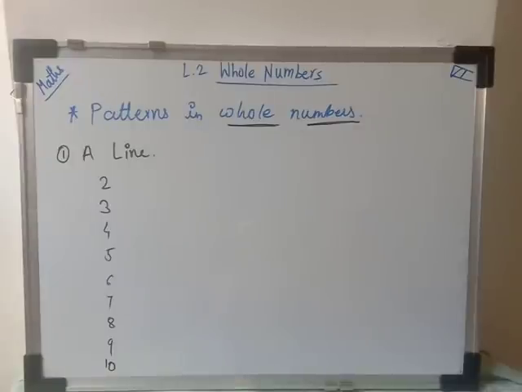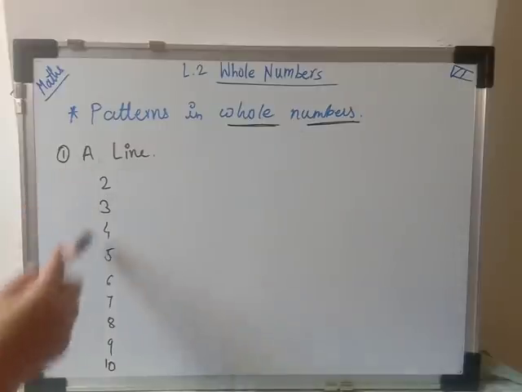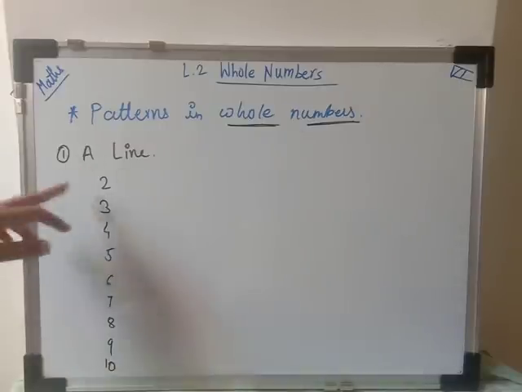So the first shape we are going to try is the line. Now students, we will not take one, because to make a line we can use one, but there is only one dot we have to use and that line will extend. So it is better to start from 2, 3, 4, 5, 6, so there are 10 numbers after 1.